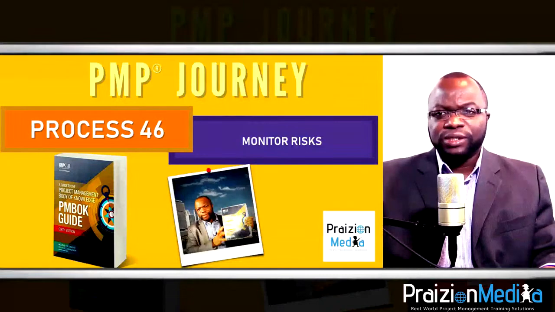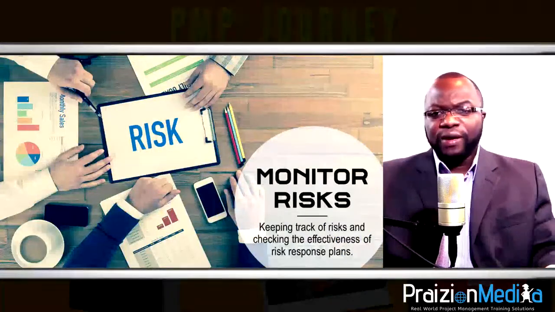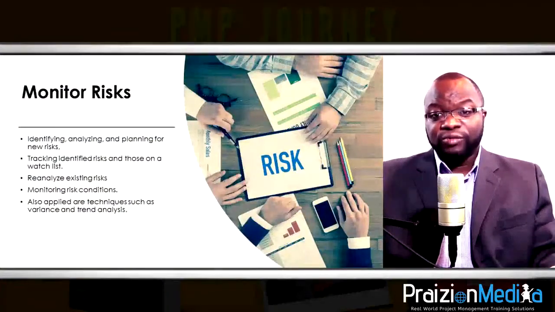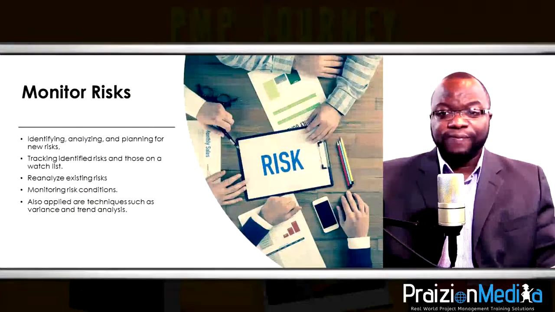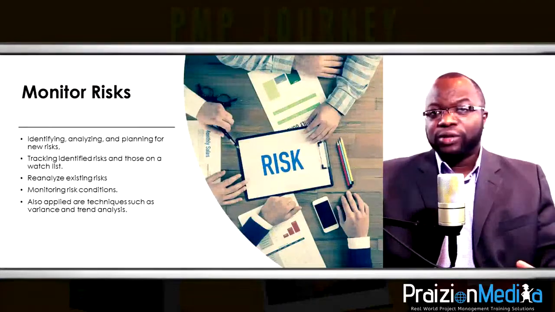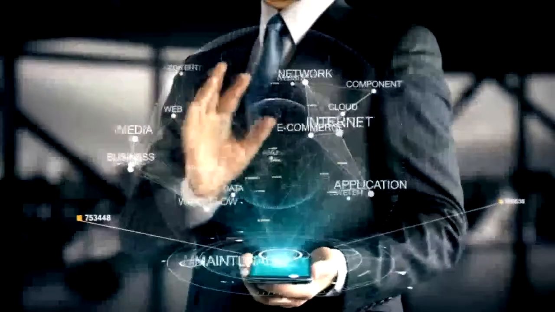Process 46, monitor risks. The next process, monitor risks, is where the project manager and the team are actively involved in checking to make sure that the risk response was relevant, to make sure that the risk response actually worked, to make sure that the reserves on the project are adequate. And also, they should be making sure that if there's anything that could be done better risk-wise, it should be done.